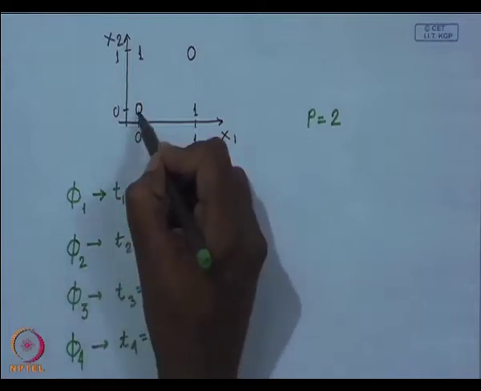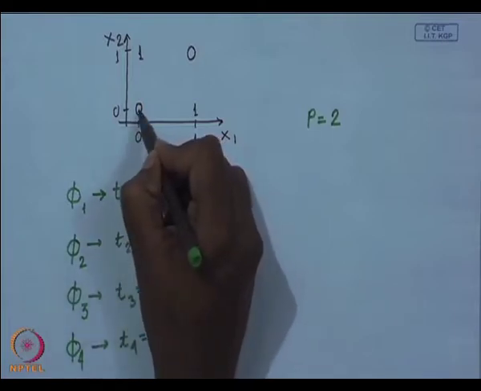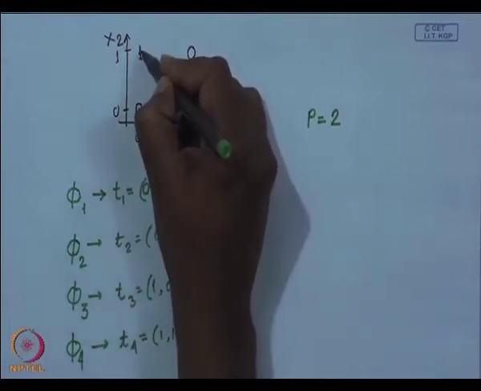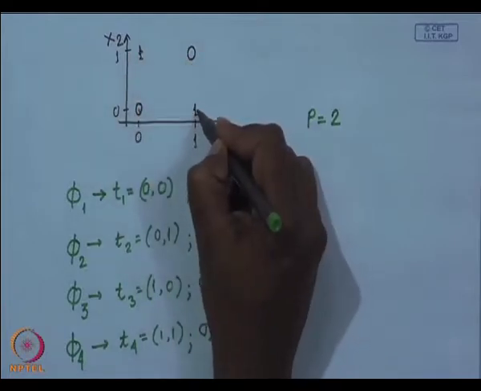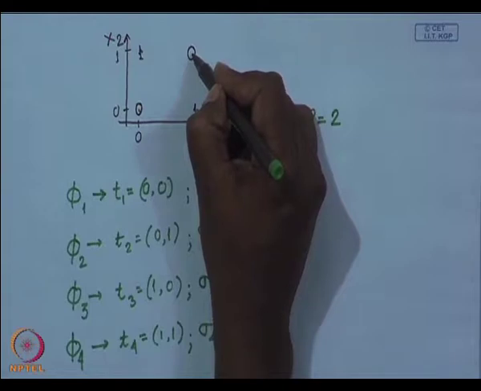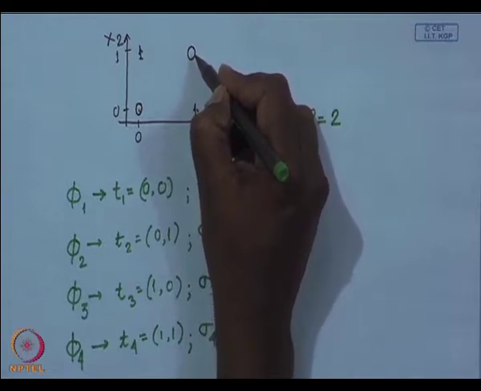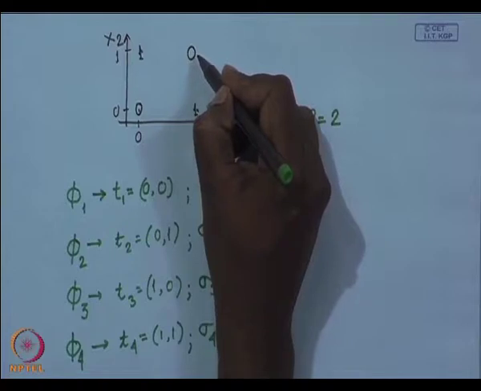That is easily verifiable from here. I have a receptor over here which is T 1, T 2 is at a distance 1, T 3 is at a distance 1, but T 4 is at a distance of square root of 2, which is 1.414.